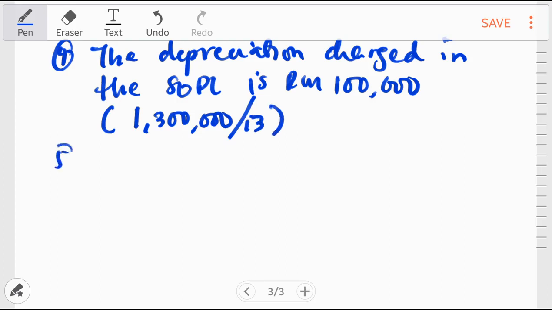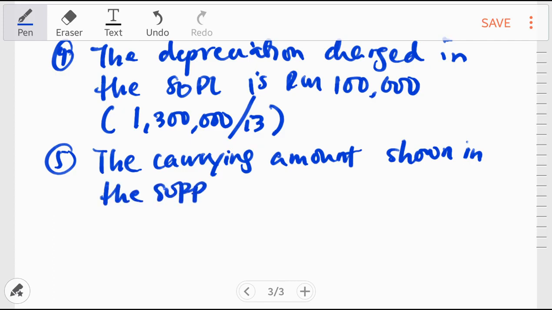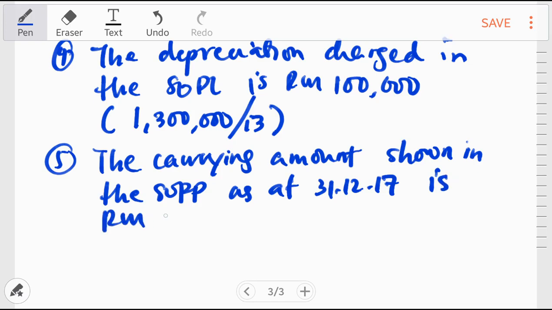And the last sentence would be the accounting treatment for the carrying amount. So the carrying amount that will be shown in the SOFP as at 31st of December 17 is RM, how much? Just now we calculated 1.2 million.